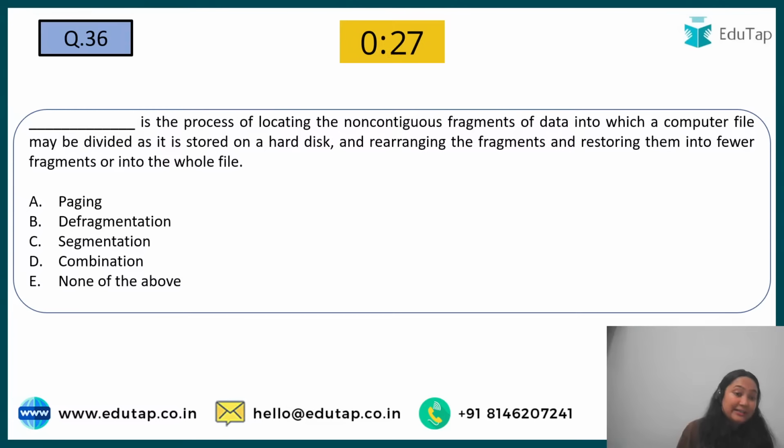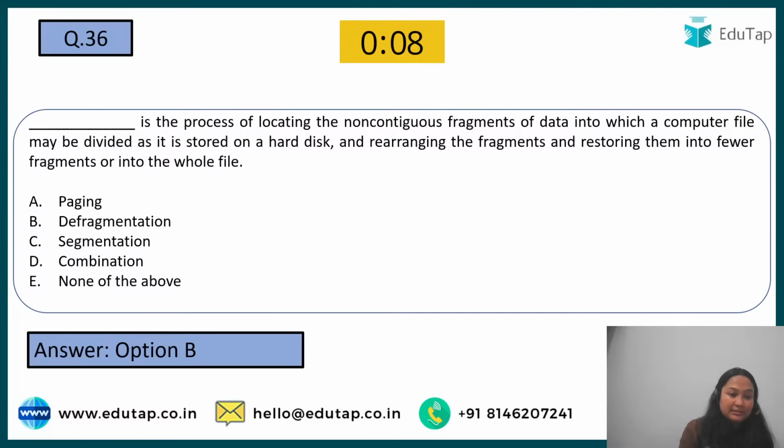We are defragmenting. Very good. The fragments of file that we have here and there, we are trying to wrap them up and remove them. That will become defragmenting. Very good Rohit, very good Shalini. Defragmenting will be the correct answer.